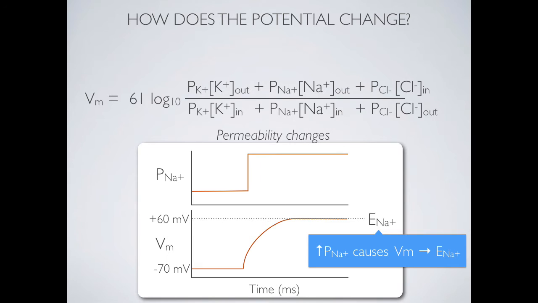Now, the rate at which that happens depends on the magnitude of the permeability change. Here we don't talk about that in specifics. We just say, okay, we're going to make the membrane permeable to a particular ion. So you make it permeable to sodium, it's going to go towards plus 60. If you make it permeable to potassium, it's going to go towards minus 90.